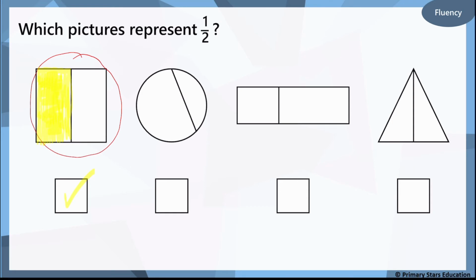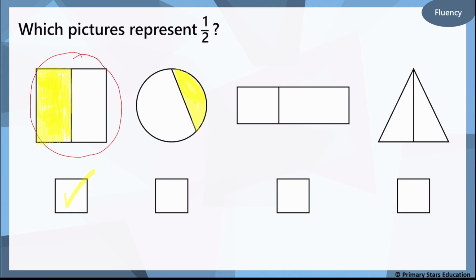Let's look at our circle. Let's think. Let's colour in this part of the circle. Does this show half? Thumbs up, yes, or arms folded for no. Does our circle show half? No, it doesn't, does it?